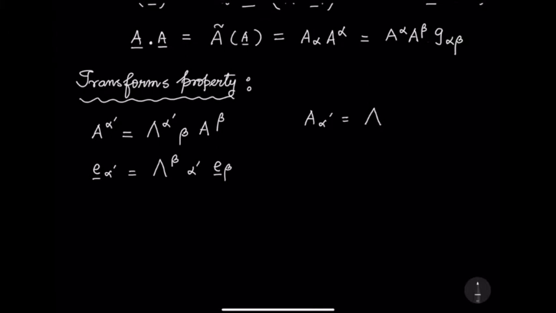It transforms just like the basis vector transforms. So I'll get this again here, and sorry, A beta, and the basis one forms will transform like the components of a vector. So there we saw the dual nature last time.